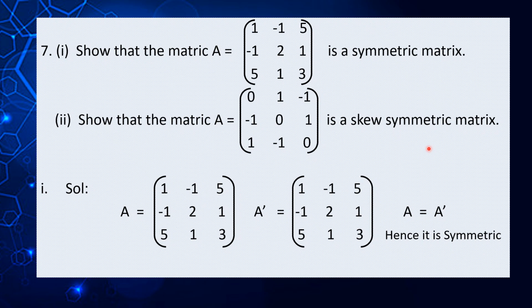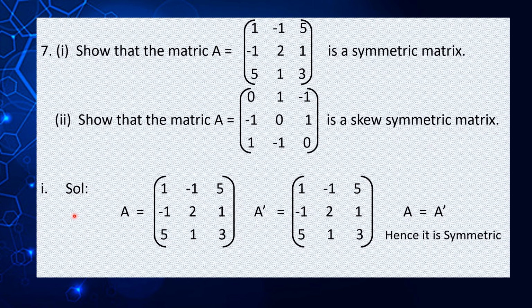That would be A transpose is equal to minus A. So these are the two conditions for symmetric and skew symmetric matrices. Now let's move on to the solution.